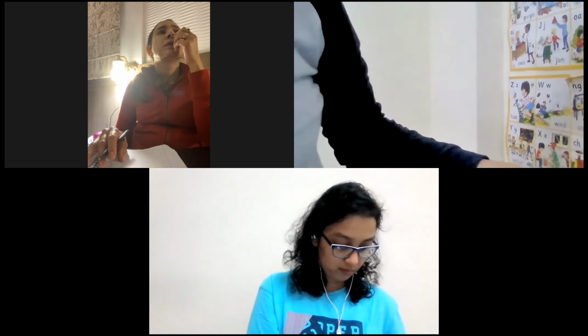So the magic E rule says, you can always tell that there's a magician, and it comes with a magic wand, and it has E. What this does is it changes the short vowel sound to the long vowel sound.